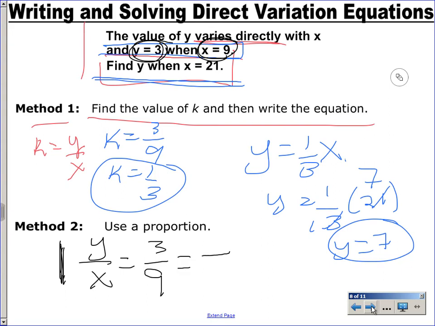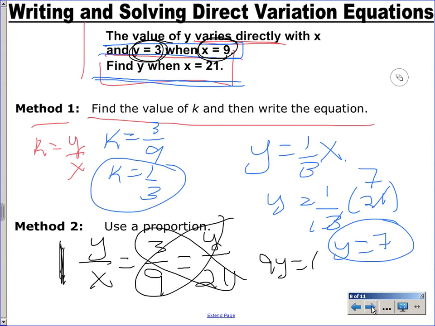X is 21, so that goes into the denominator. And y is unknown, so I'm going to cross multiply. 9y equals 63. Divide by 9, divide by 9, and we get y equals 7. What do you know? The same thing that we proved in the previous example. So those are two ways that you can do those as well.